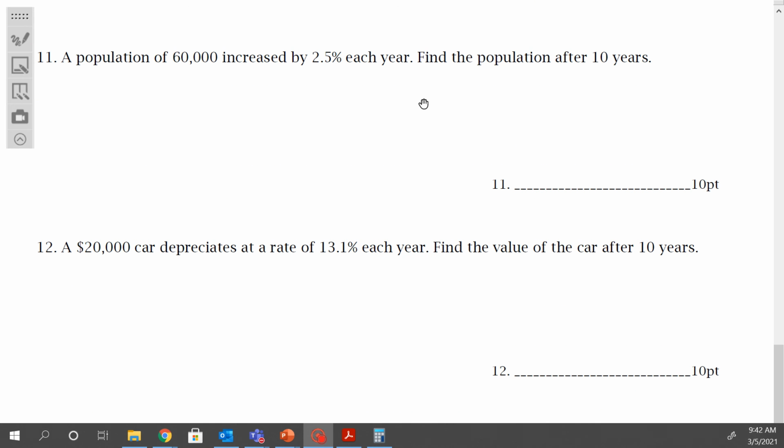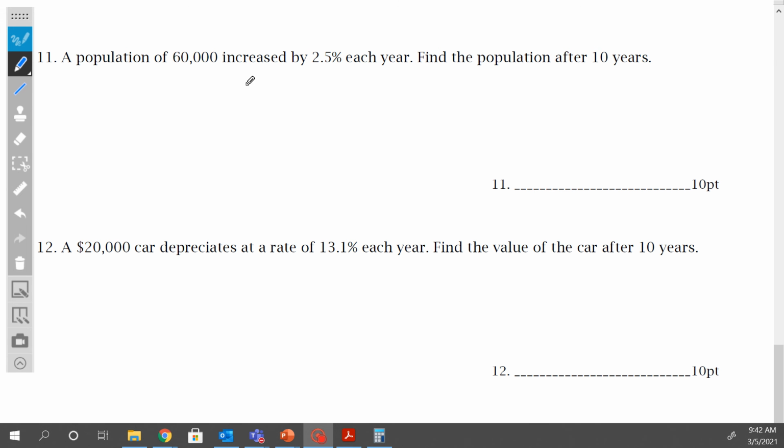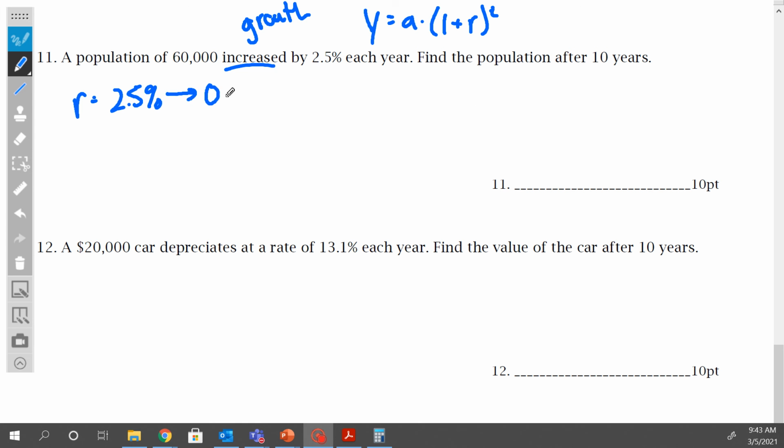So number 11, a population of 60,000 increased by 2.5% each year. Find the population after 10 years. Okay, so this is increase, so this is growth. So we will use the growth formula, y equals a times 1 plus the rate to the t power. The rate here is 2.5%, which divided by 100 gives us 0.025.